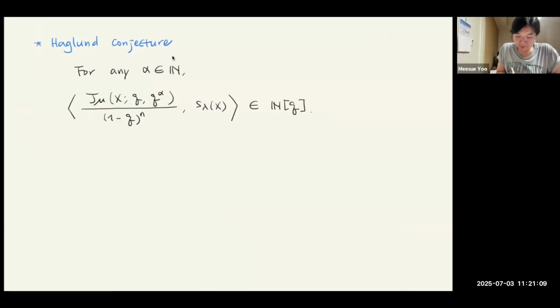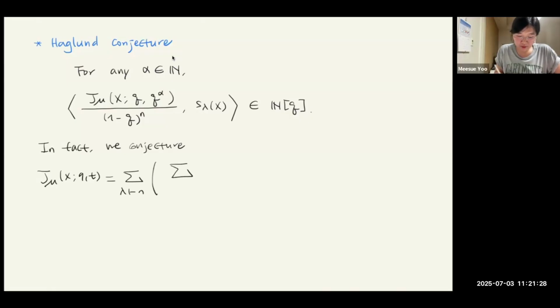In fact, we conjecture a very explicit form of the Schur expansion of the integral form McDonald. Namely, it is a sum over all the semi-standard Young tableaux of shape lambda prime and weight mu prime.